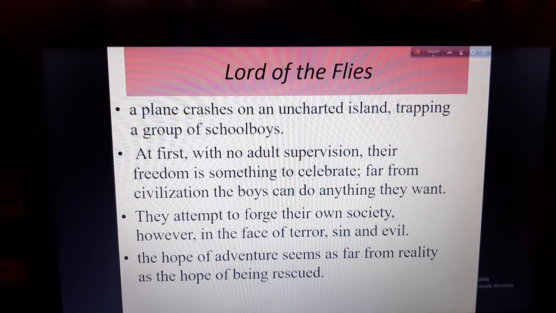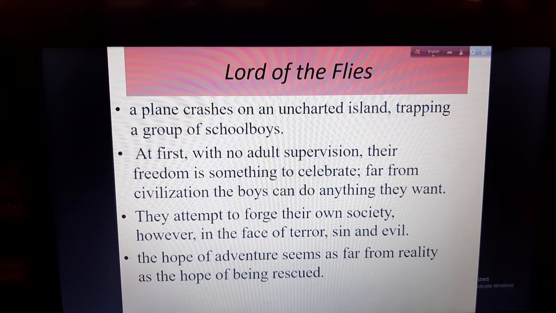This is one kind of island, and here the writer William Golding was inspired by the text Coral Island, and here he showed in which way those innocent boys showed their attitude of darkness, the darkness of human beings, the darkness of the human heart. At first, with no adult supervision, their freedom is something to celebrate.